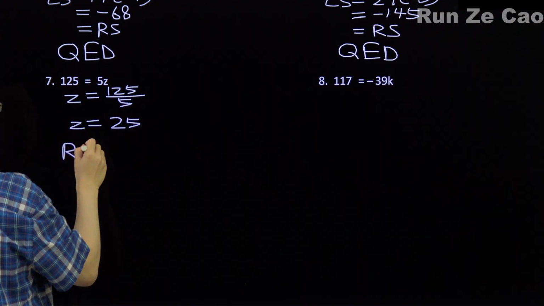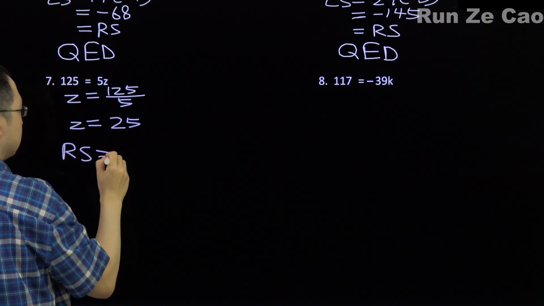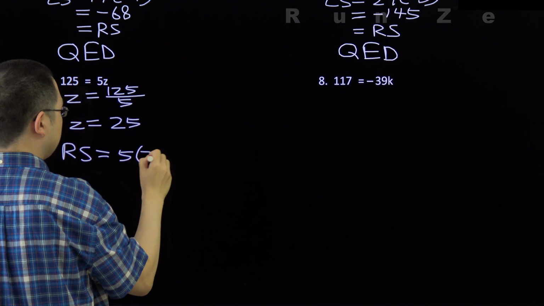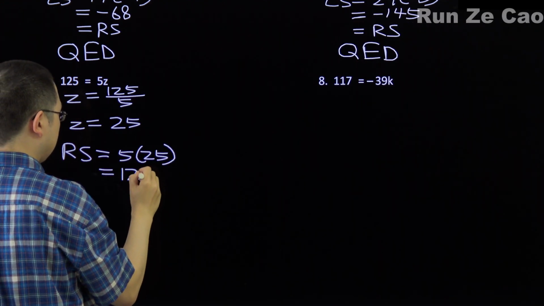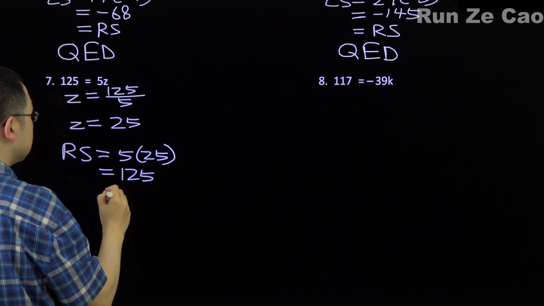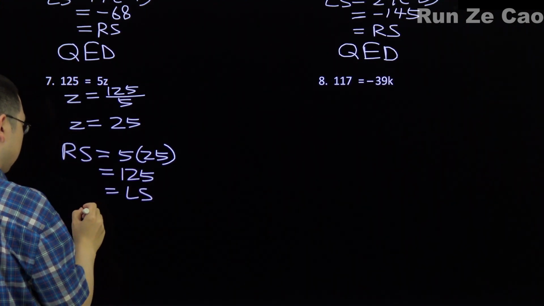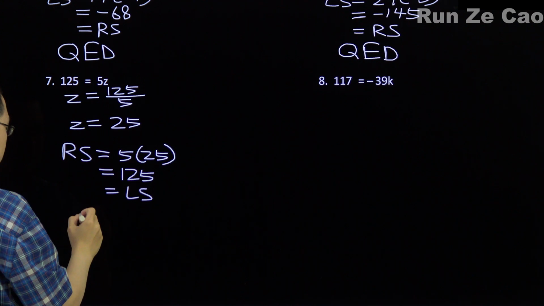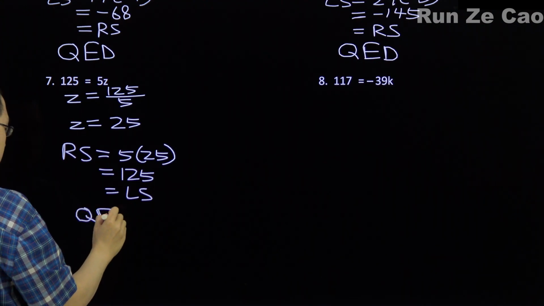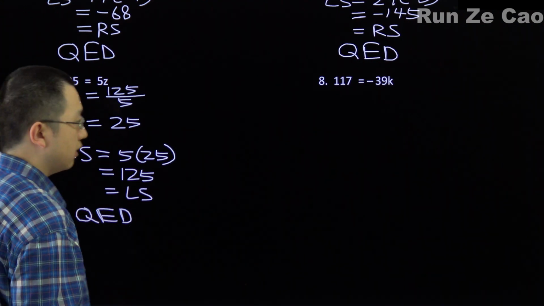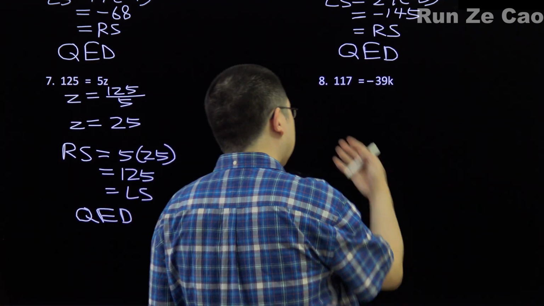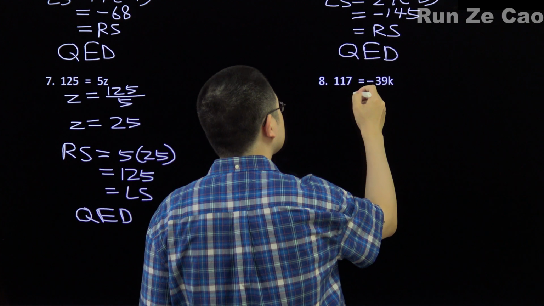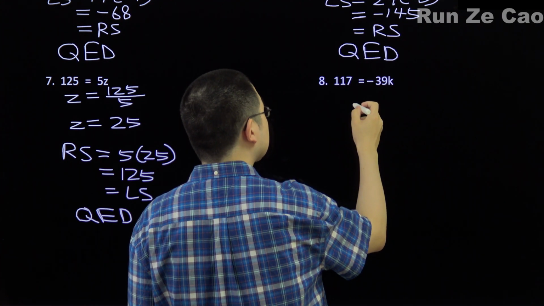Right side, because that's where z is at the beginning, is equal to 5 times 25, which is 125, which is equal to left side. Therefore, right side equals left side, or vice versa. You've shown that what's been asked is true, or what you're checking is correct.